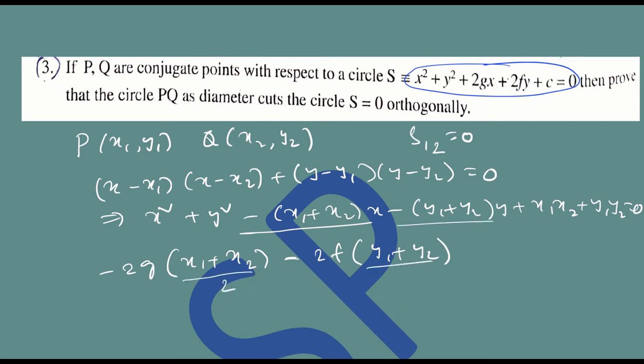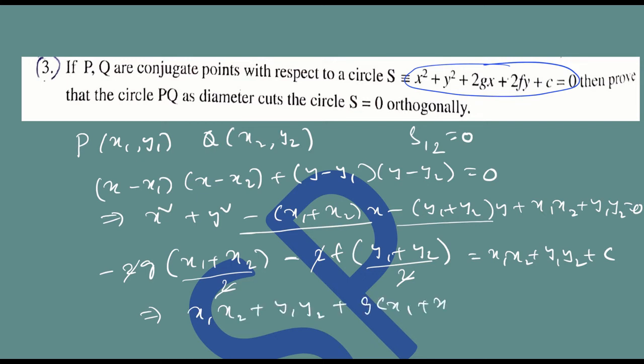Similarly, this is 2f dash by 2, is equal to c plus c dash, x1 x2 plus y1 y2 plus c. Now I can cancel these 2's, and then sending everything to right hand side, I am getting x1 x2 plus y1 y2 plus g into (x1 plus x2) plus f into (y1 plus y2) plus c equal to 0, which is nothing but S12 equal to 0.